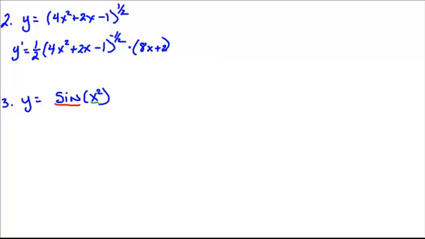Okay, so if we take the derivative, we get derivative of the outside. Everybody knows it's cosine, but then we leave the inside intact, times then 2x, which is the derivative.